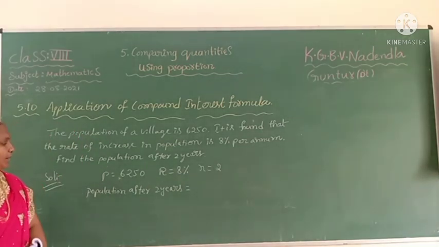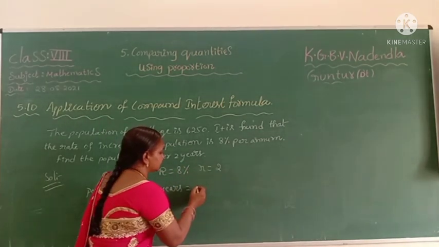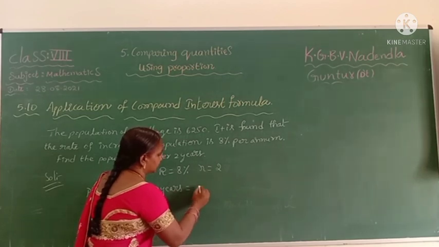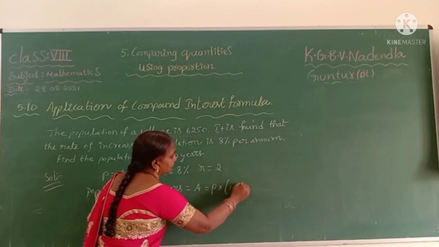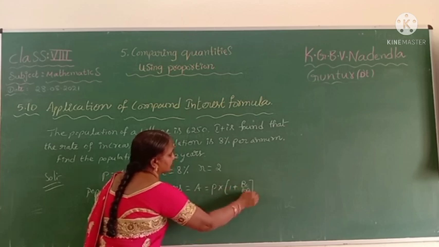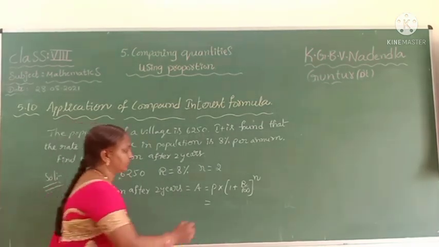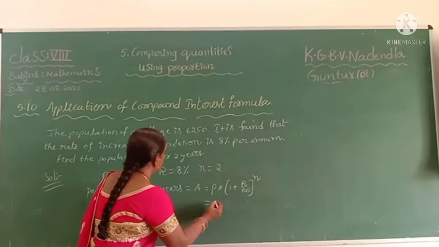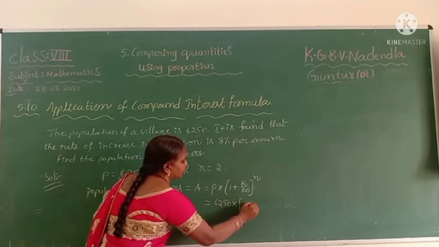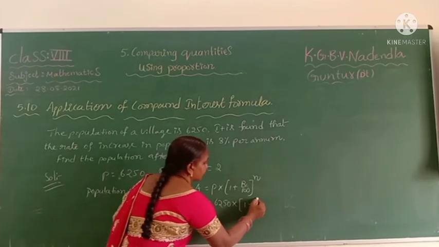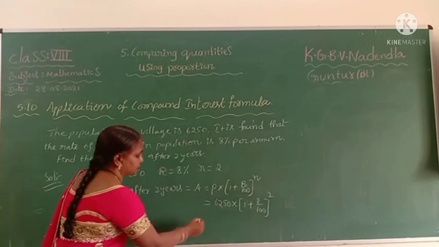We can find the population after 2 years by using this compound interest formula. A is equal to P into (1 plus R by 100) whole power n. P is 6,250 into (1 plus 8 by 100) where n is equal to 2.